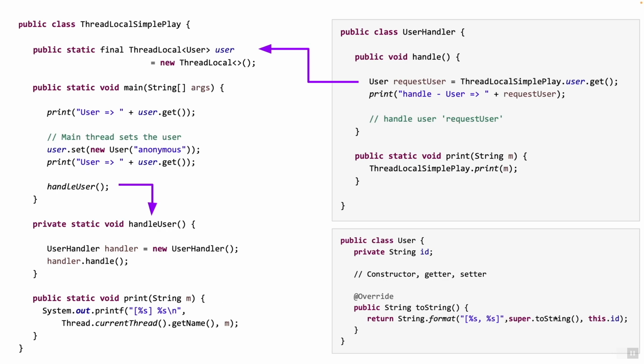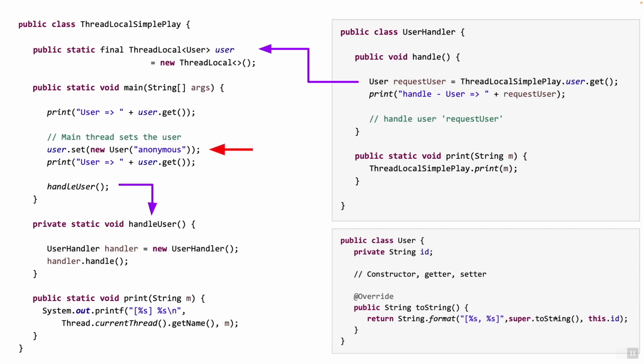So let's go over the execution of the code and see what happens during the print messages. Over here, what gets printed? Null. Why? Because nothing has been stored in the user local variable. So the first time when you do a get, it simply returns null, which is empty.